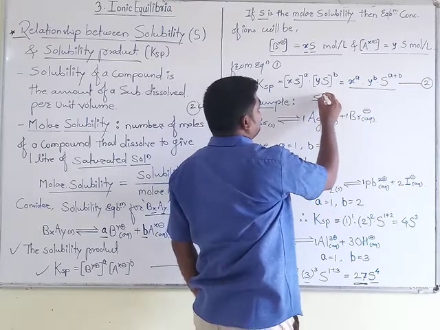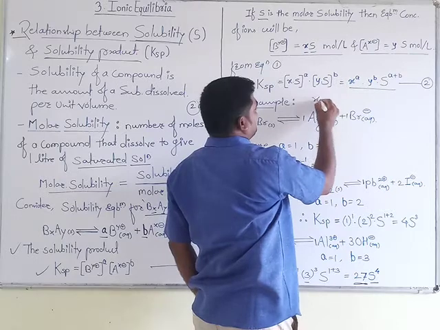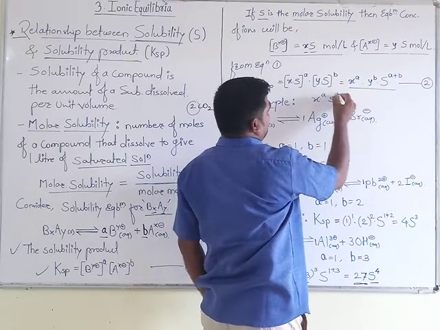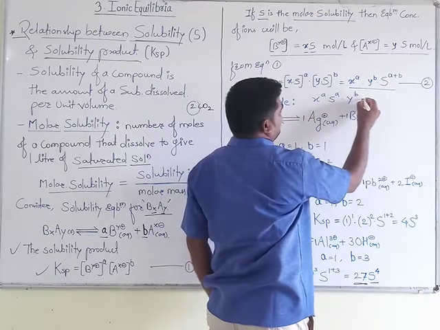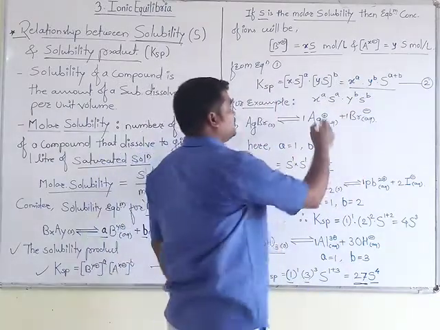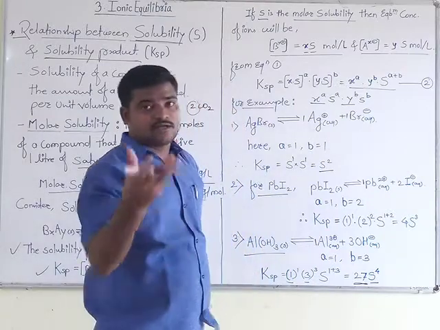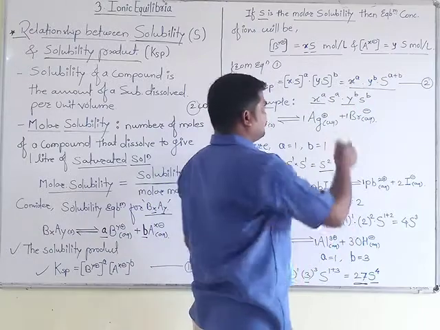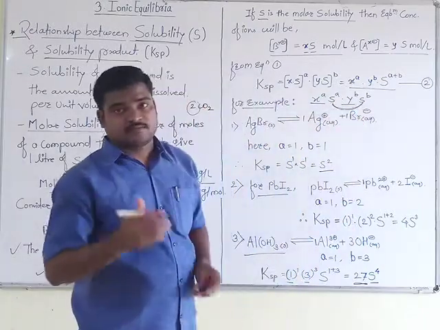So what will remain here? I will write completely in a simplified manner: x^a S^a into y^b S^b. Here if we look at these two terms, their base is different, but if we look at these two terms, S^a and S^b, their base is same.